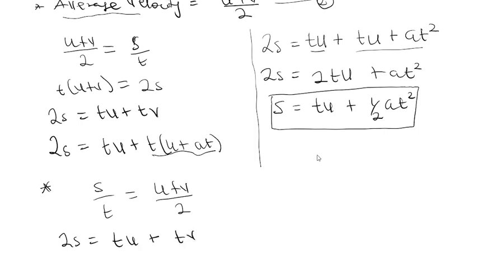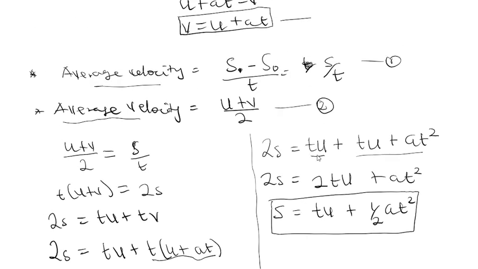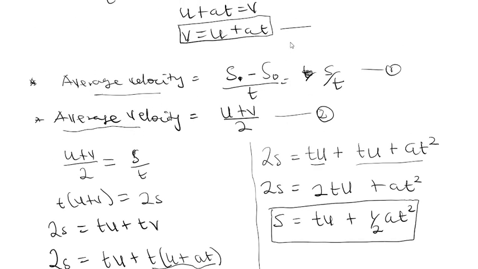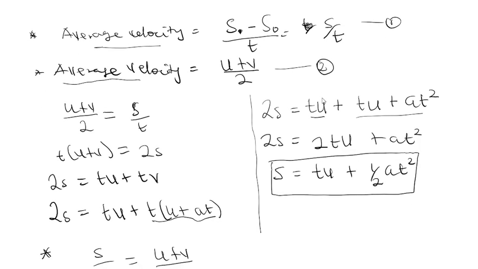Now from the first equation, we can make t the subject, then substitute into the equation that we had. So let's make t the subject. This is going to be v minus u divided by a, that will be equal to t. So where we see t, we are going to write v minus u divided by a.